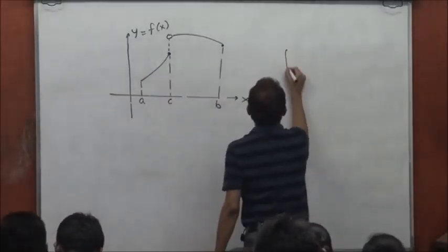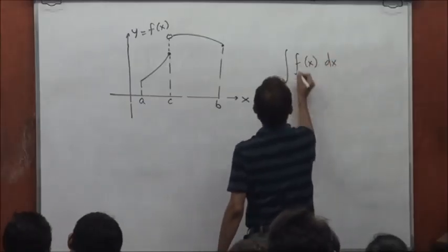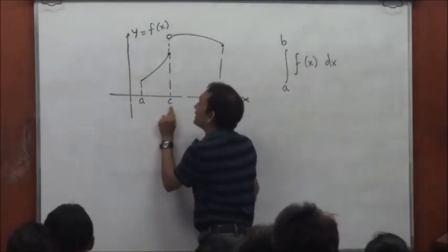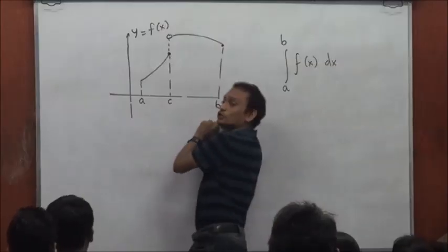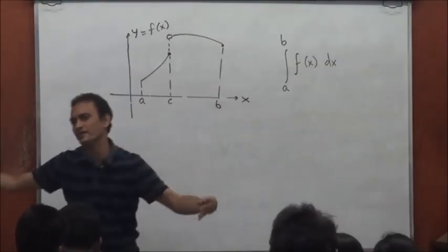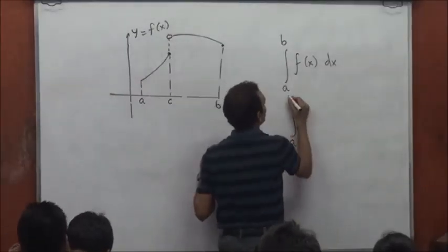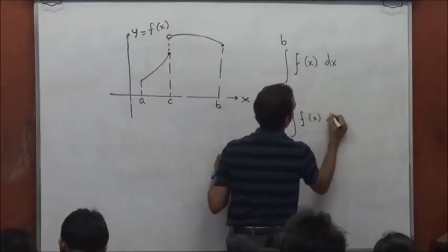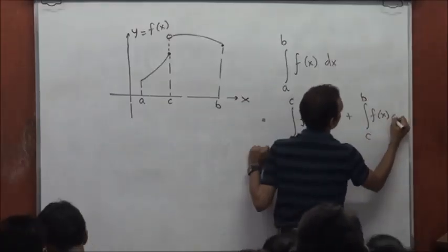Now if I seek integral f(x) dx from a to b, I break this interval at the point C. I calculate this integral from a to c and then from c to b, because from a to c the behavior is of one kind, from c to b the behavior is of another kind. This could be written as integral a to c f(x) dx plus integral c to b f(x) dx.